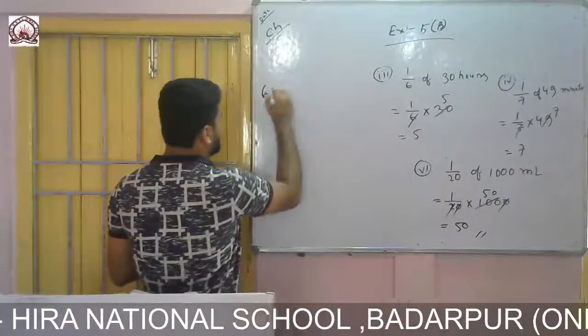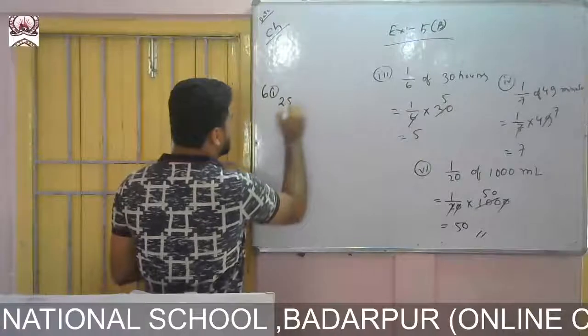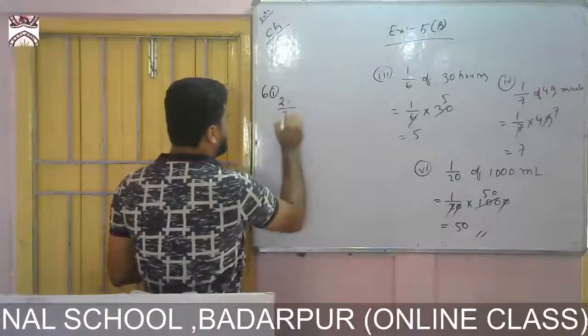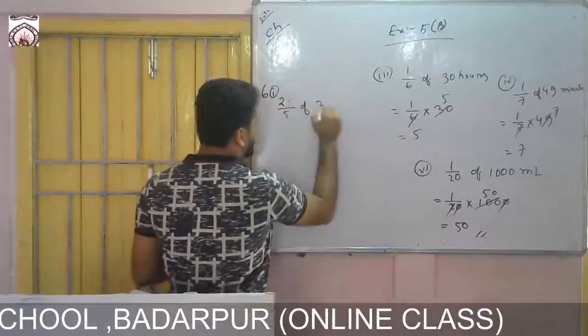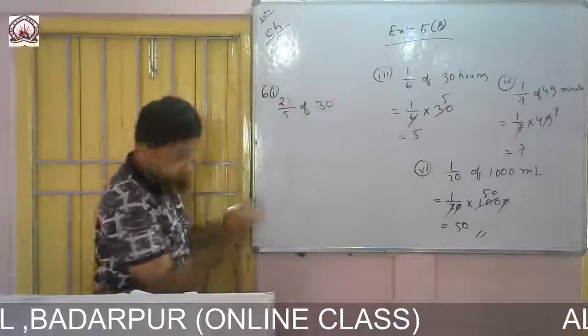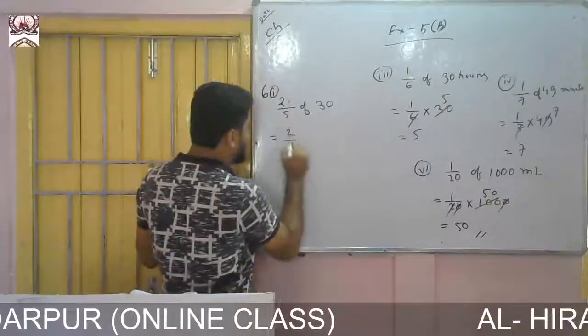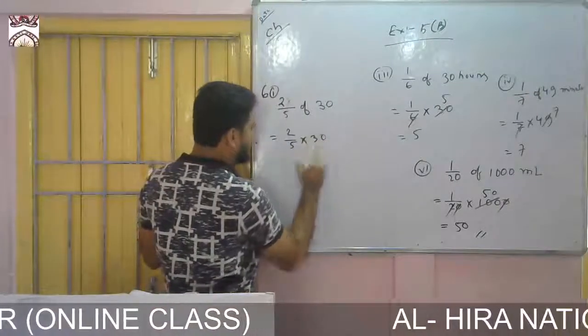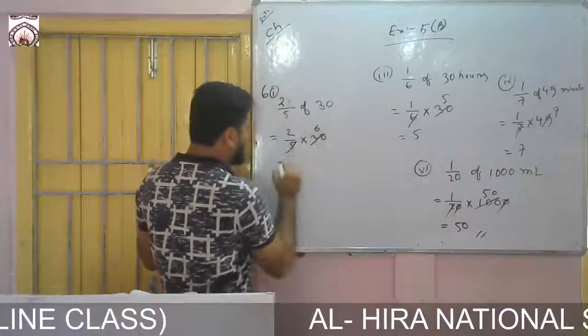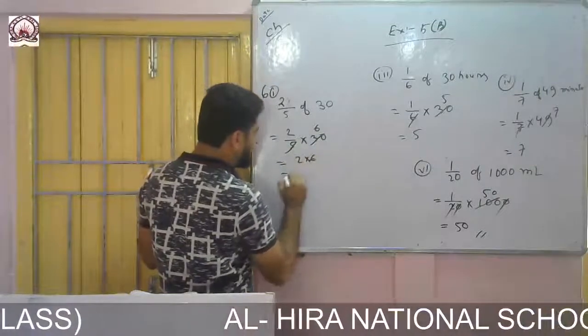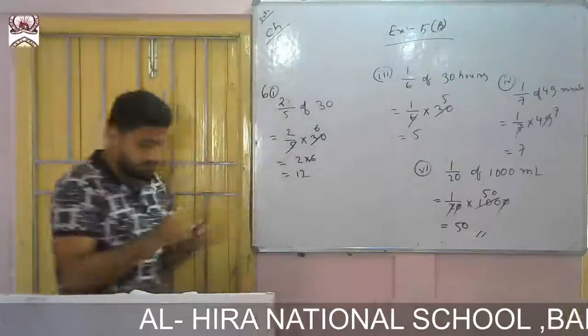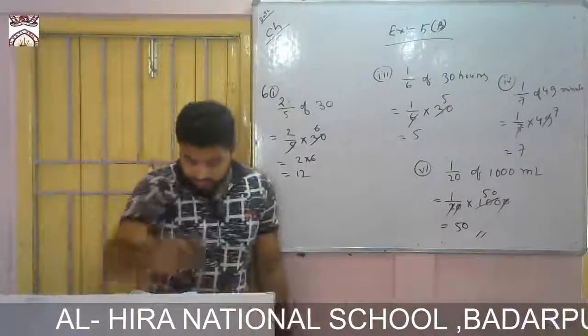That means what? 2 by 5 into 30. So 5 6 are 30. So 2 into 6, it is what? 12.